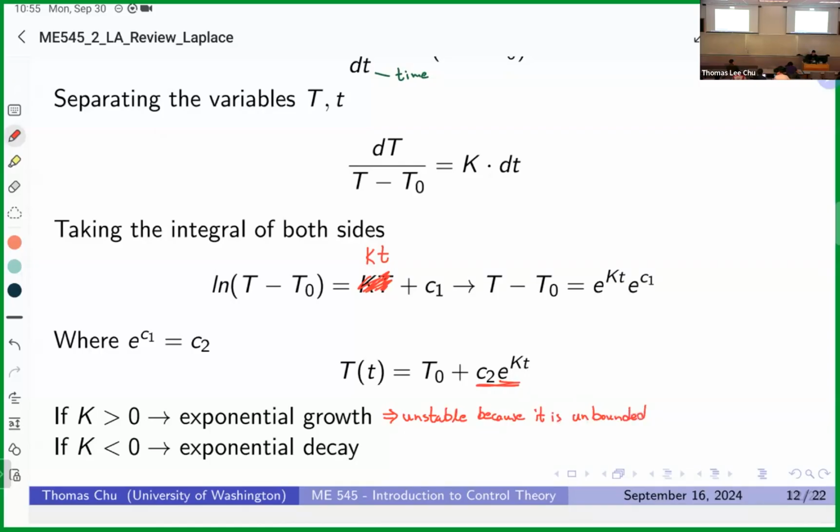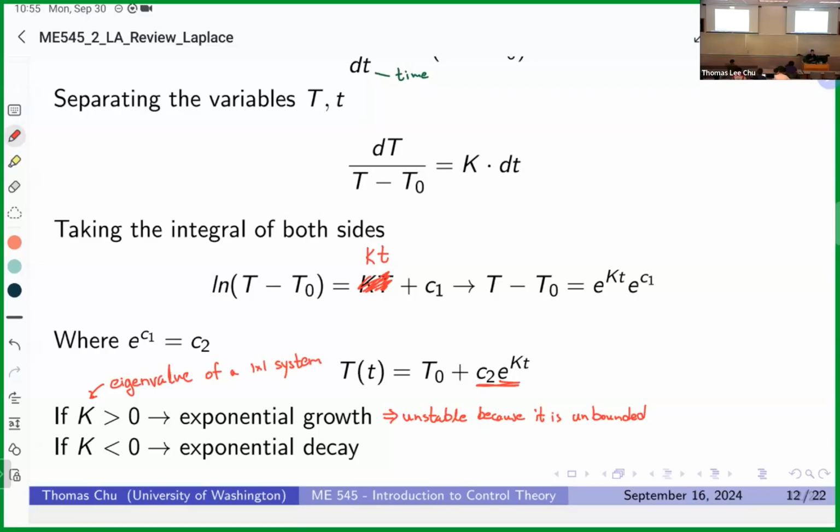And in this case here, k is our eigenvalue. This is our eigenvalue of a 1-by-1 system, so we only have one eigenvalue. It's a one-dimensional system. We're only looking at temperature.